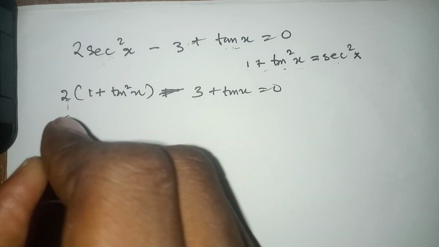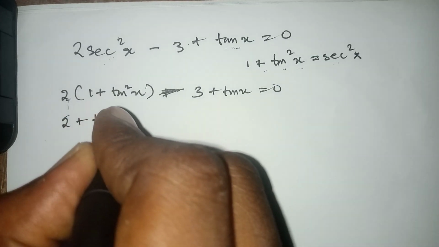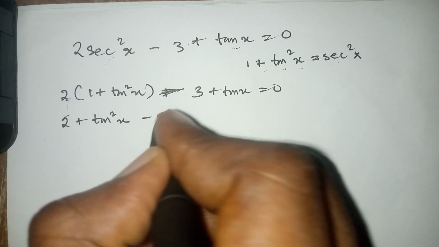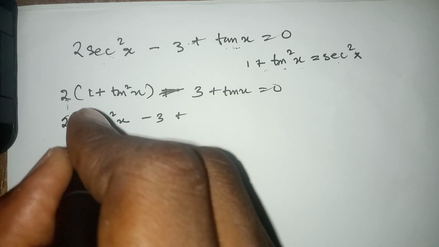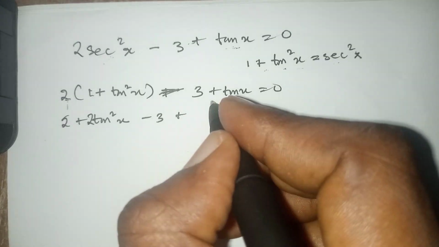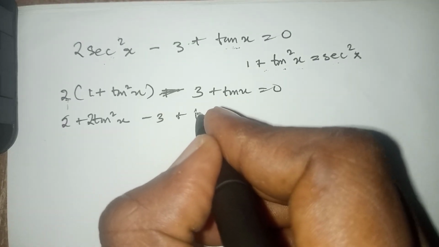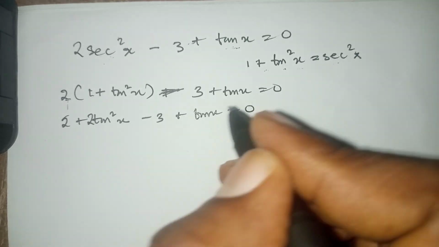So we open the bracket. This is 2 plus 2 tan² x, then minus 3 plus tan x equals 0.